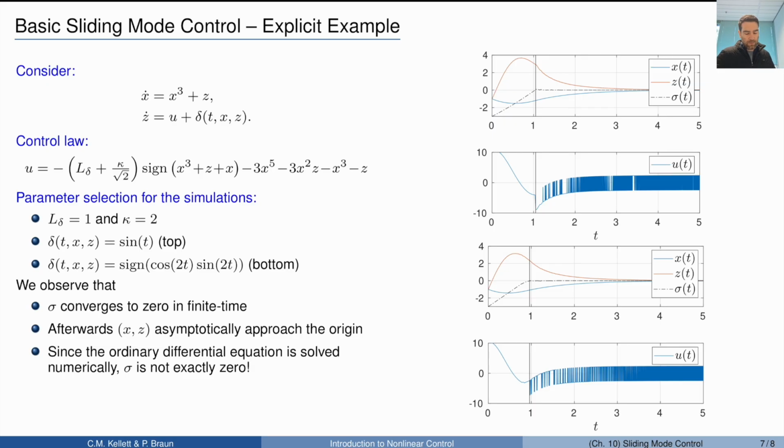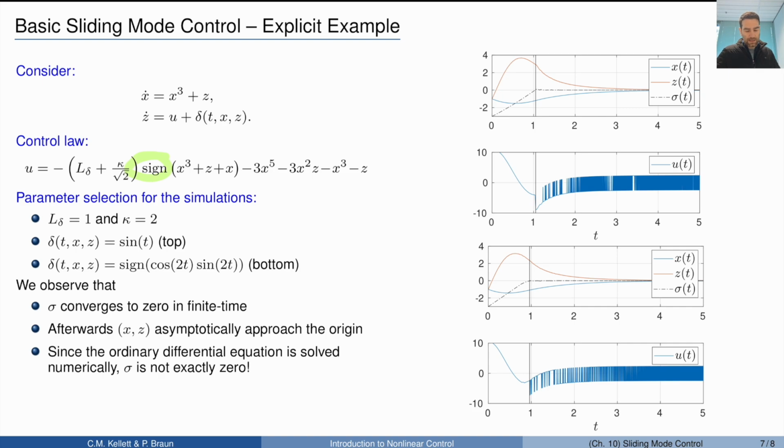And well, we don't really see the impact of these different disturbances delta here. Just by inspecting it here, we are not able to see which disturbance corresponds to that, but we see this chattering phenomenon here corresponding to the sine function in the control law u, leading to this chattering in the feedback law.